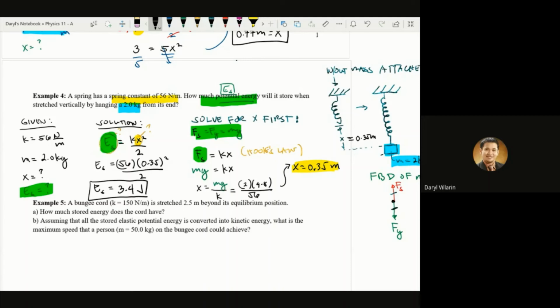I started with E sub S because the question is how much potential energy. But looking at my equation, I need to solve for X. That's why I need to find a way to solve for X. Okay? Okay, thank you. You're welcome. Any other questions?